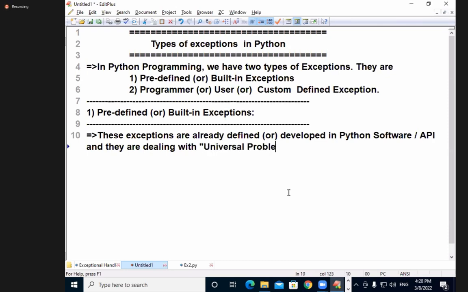See students, universal problems. What are the universal problems? I will be giving the clarity here.